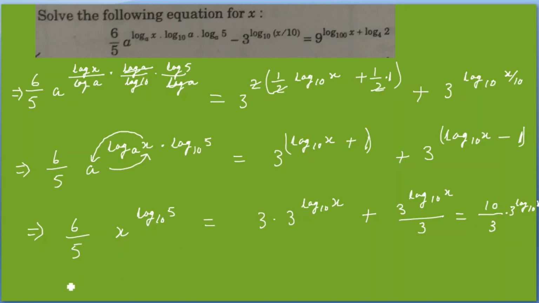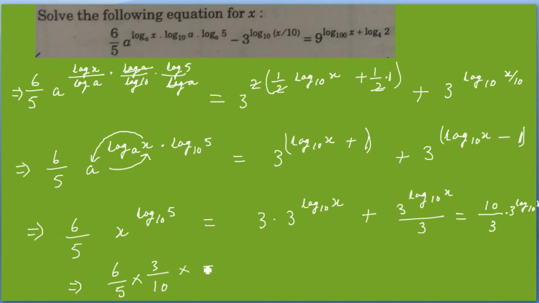Okay, next step is replacing this again. So what we can write, 6 upon 5 into taking that from this side, 3 upon 10 into this term we have taken in left hand side.